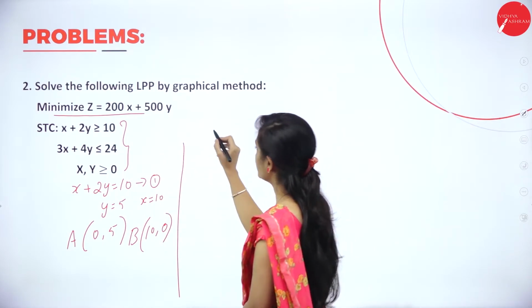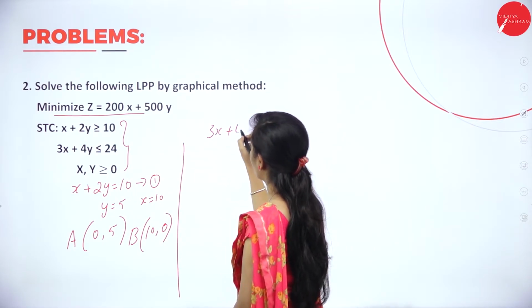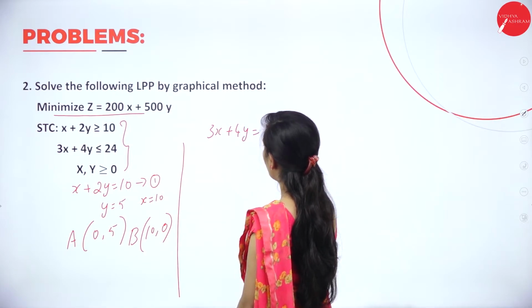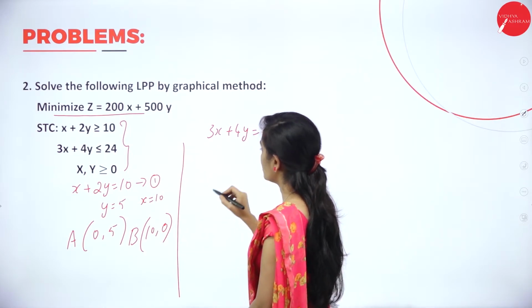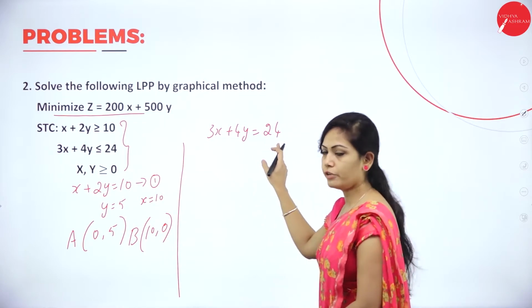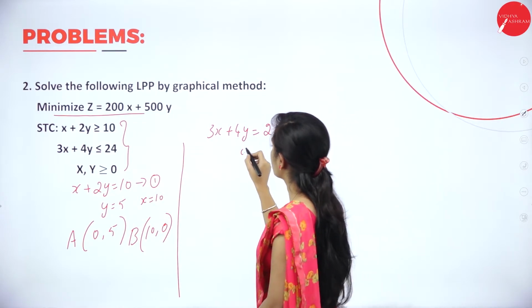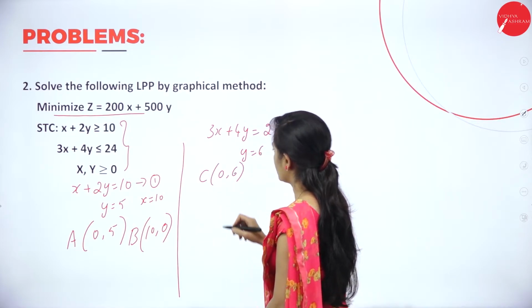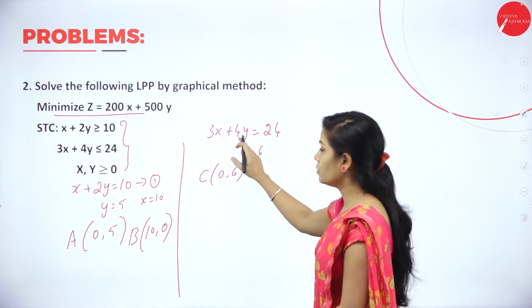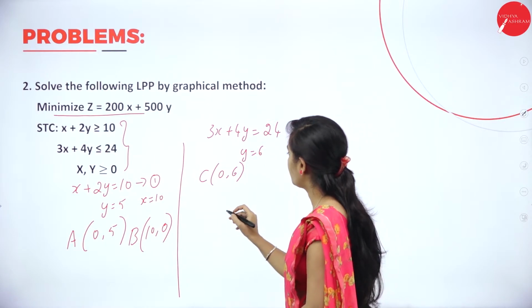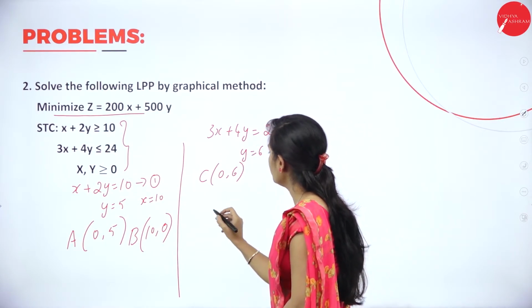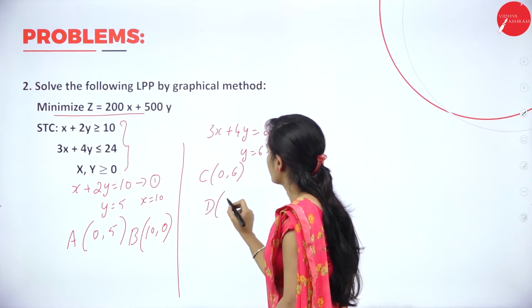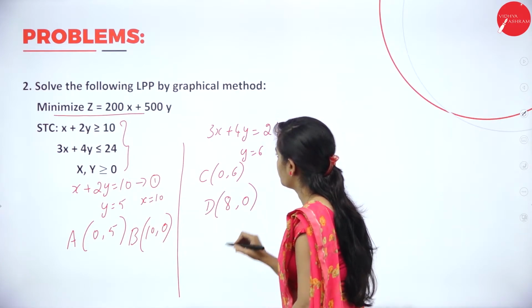And the second constraint is 3x plus 4y equals 24. Put x equals 0, 4y equals 24, so y equals 6. So point C is (0, 6), and put y equals 0, 3x equals 24, then x equals 8, so (8, 0).